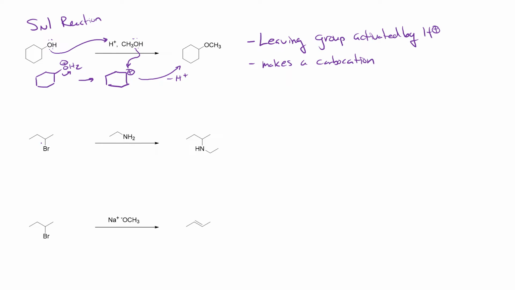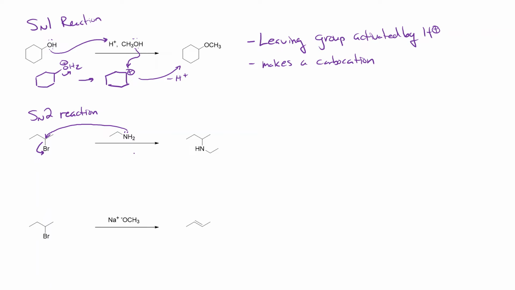The next one down, we have a good leaving group and a good nucleophile in this case. This is an SN2 reaction. We can tell that the substitution is happening. So we reach way back in our minds, and SN2 means our nucleophile just comes in and attacks. We don't have to do any activation, but the nucleophile attacks and the leaving group leaves all in a single step.